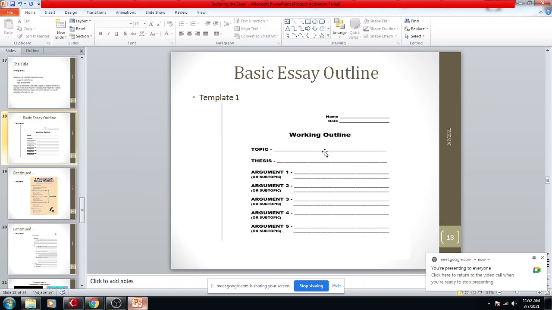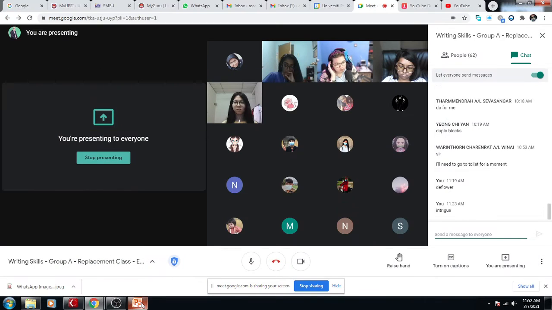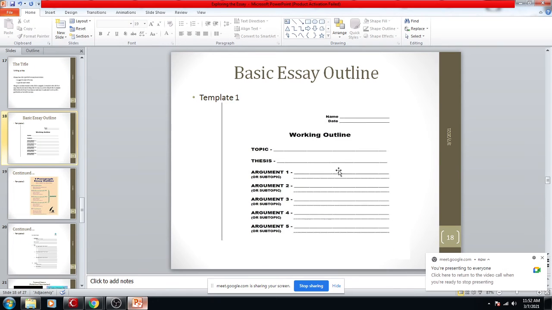You have your topic here, your thesis, and then your subtopics or points of development. So subtopic number 1, subtopic number 2, subtopic number 3, or 4 or 5, depending on how many subtopics or points of development you have. So this is one way for the outline.